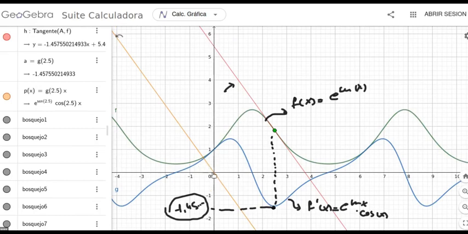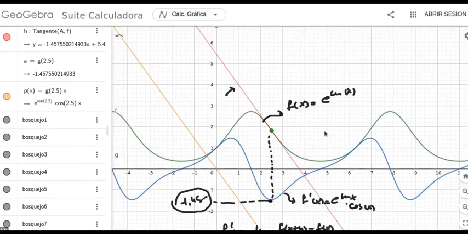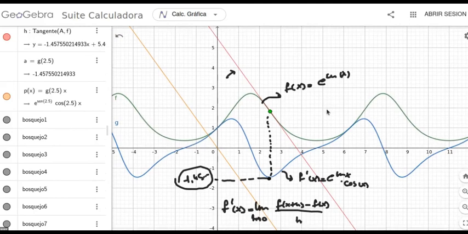But we don't care about that right now. All we want to do is visualize that the slope of the tangent line is minus 1.45 and so on. So the derivative is telling us, for every point, what the slope of the tangent line is.